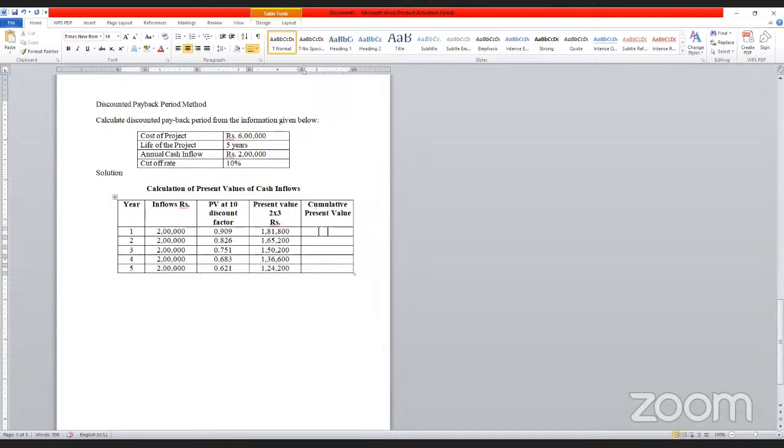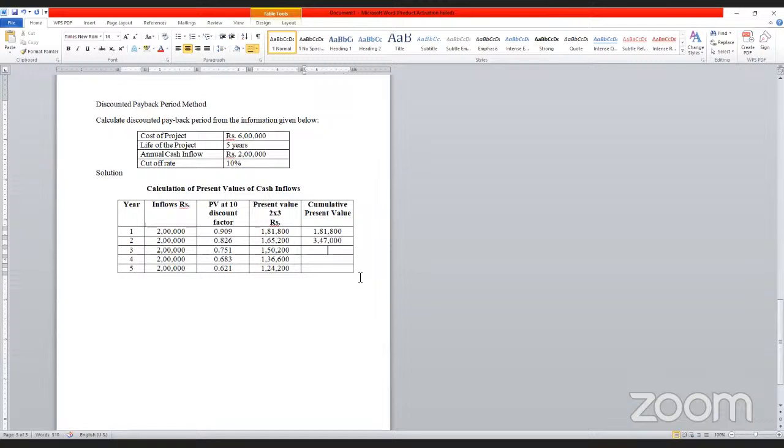You will take the cumulative value, the first value and the second value added together, and so on. That will be the cumulative values. Now add here. First value is 1,81,800 plus this value 1,65,200. You will get 3,47,000.